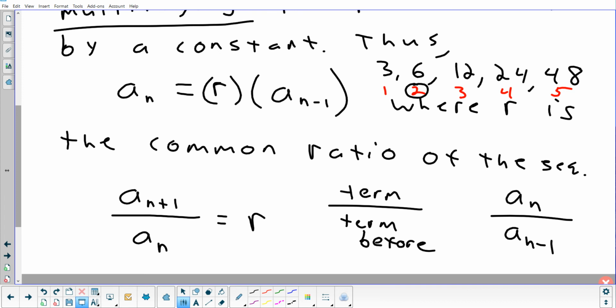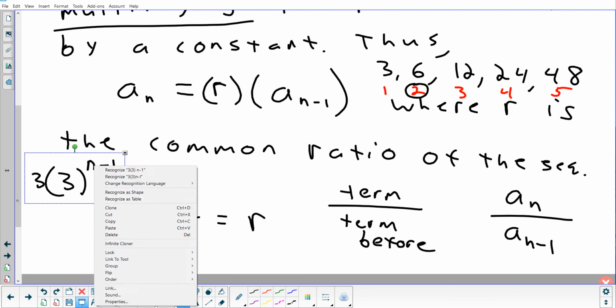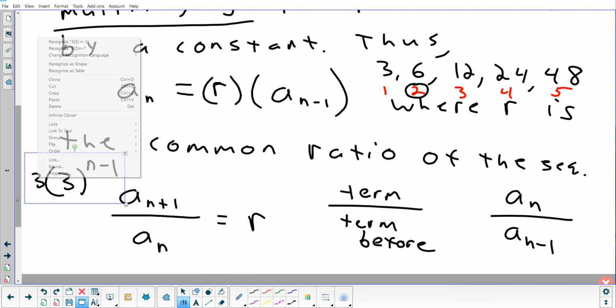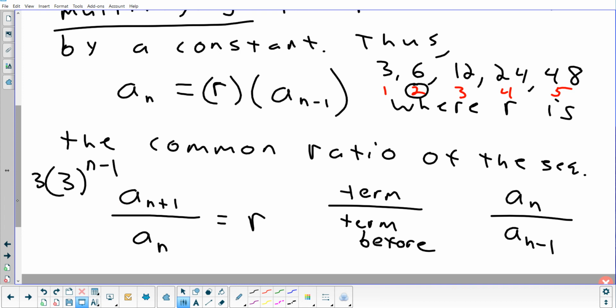Well, let's try that. If you plug in the first term, 1 minus 1 is 0. What's 3 to the 0? 1. What's 1 times 3? 3. Okay, it worked. Let's try it again. Second term. What's 2 minus 1? 1. 3 to the first power? 3. 3 times 3? 9. Okay, so didn't quite work there. So it's harder to figure out what the pattern might be.